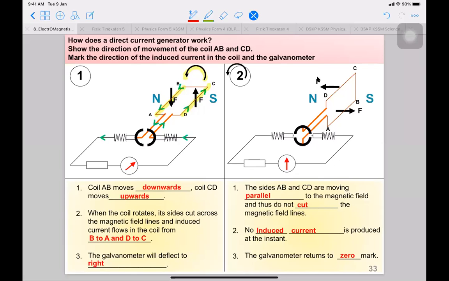Right hand rule. Ya, memang kalau dalam induction, we always use yang Fleming's right hand rule to determine dia punya direction of the induced current. Okay, so ini Fleming's right hand rule kita guna dalam ni induction to determine direction of the induced current. So kalau dalam ini dia punya diagram, ngam ka tu dia punya direction itu di sana?